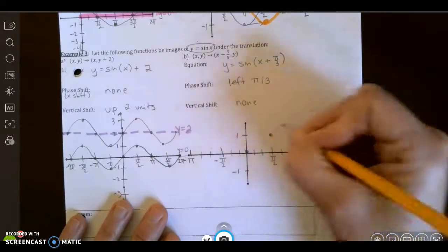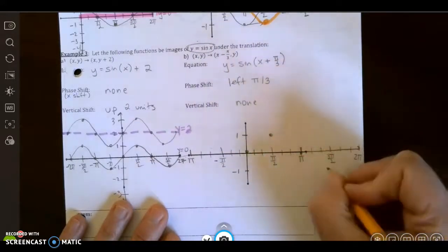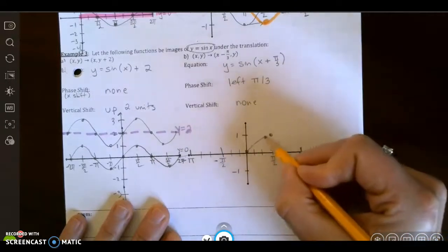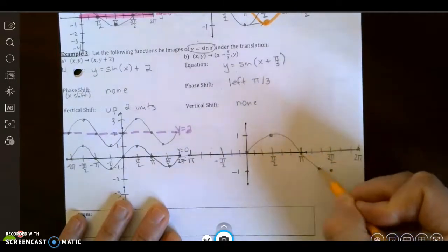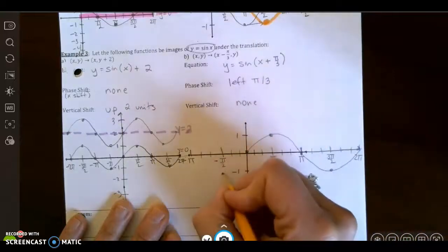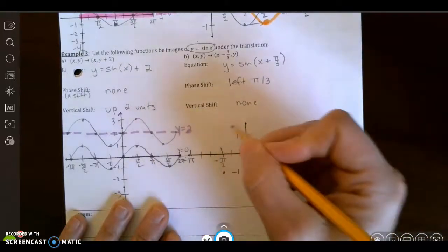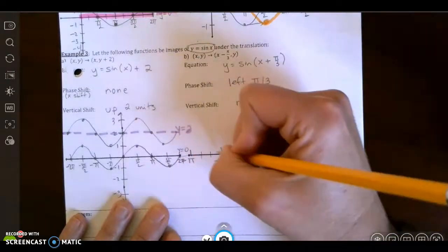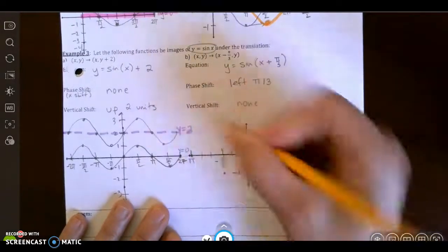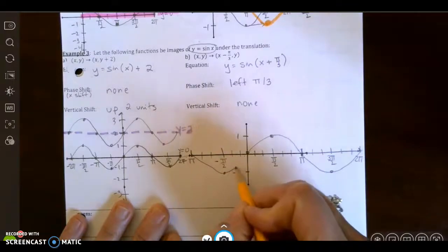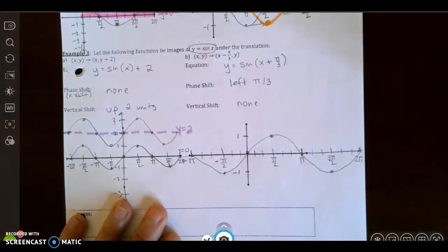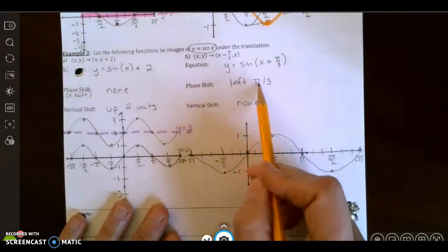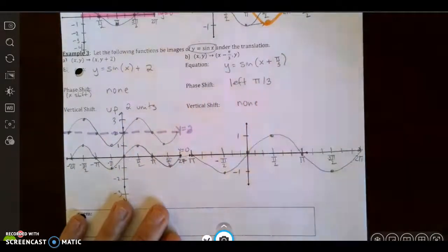Starts at 0, goes up to 1, back to 0, down to -1, and back to 0. Okay. So there's my initial sine curve. Now I'm going to move each point left pi over 3.